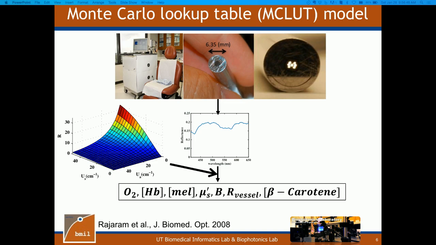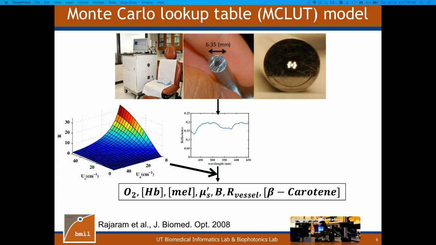So we have a lookup table relating reflectance to scattering and absorption coefficients. Why do you need a lookup table? Why can't we use diffusion theory here? Because diffusion theory does not work when the source-detector separation is too short. The skin is very thin, and we measure the superficial part of the skin.